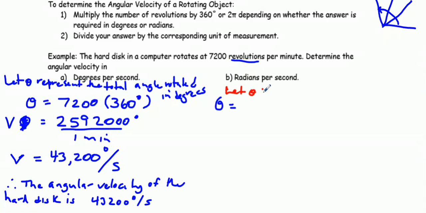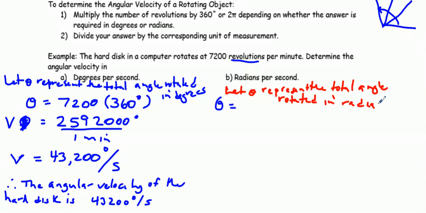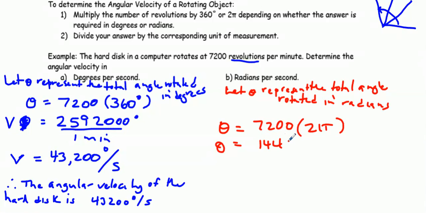Let theta represent the total angle rotated, not in degrees, but in radians. All right, so then we're going to say theta is going to equal 7,200. Instead of 360, every time we rotate, that's 2 pi radians, right? So that's going to be 14,400 pi radians.